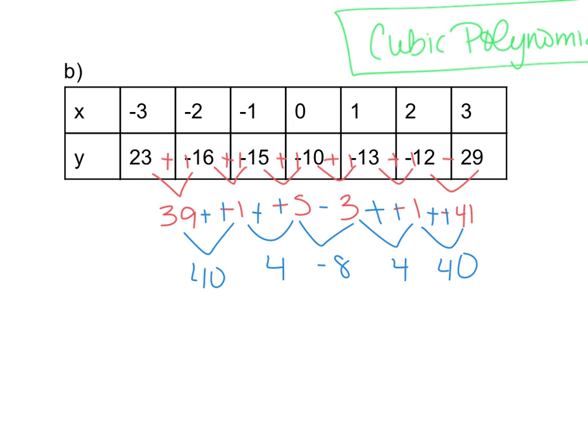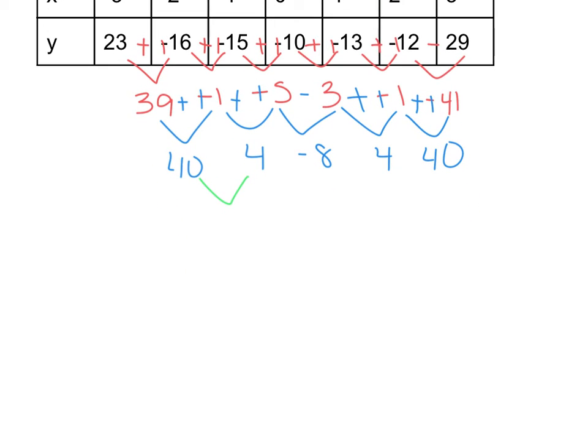Okay, still not consistent. Let's keep going. So 40 minus 4 would be 36. 4 plus 8 would be 12. Negative 8 minus 4 would be negative 12. And then 4 minus 40 would be negative 36. We're getting closer. Well, maybe, I don't know. We're just getting smaller numbers.